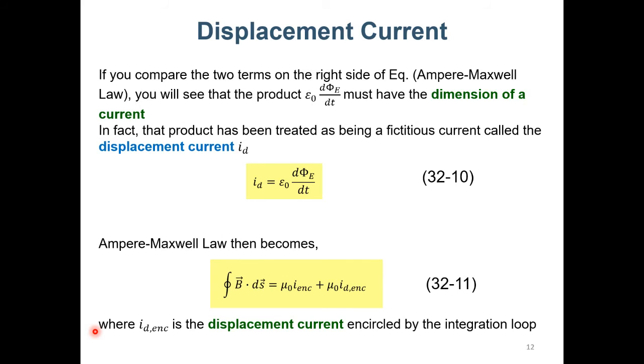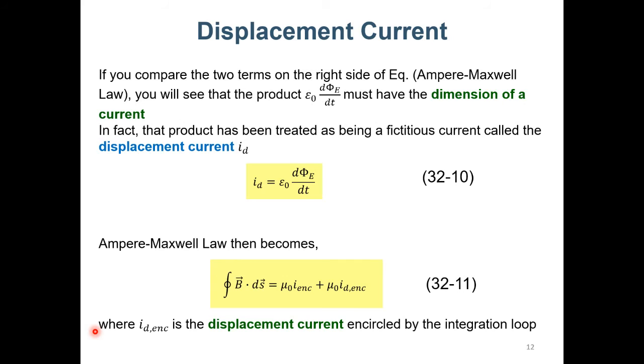Then epsilon naught A over d, what is this one? Do you remember? This is a capacitor, right? This is the capacitance of a parallel plate capacitor. And E times d is the voltage, dt. So this becomes C dV/dt.